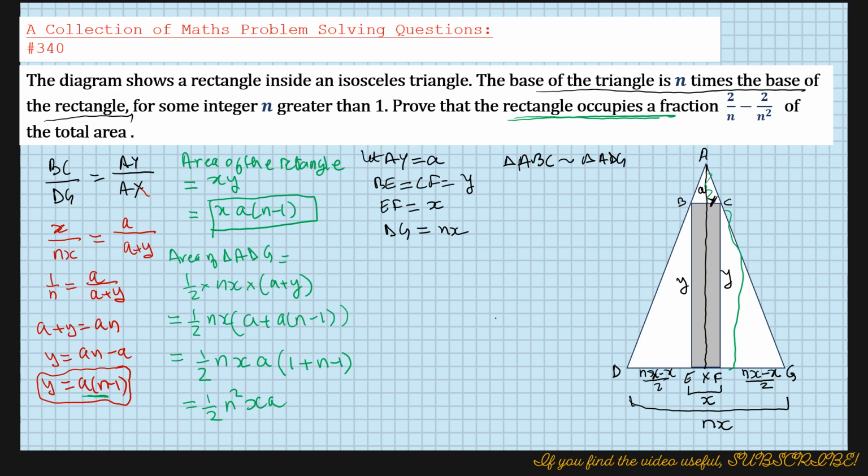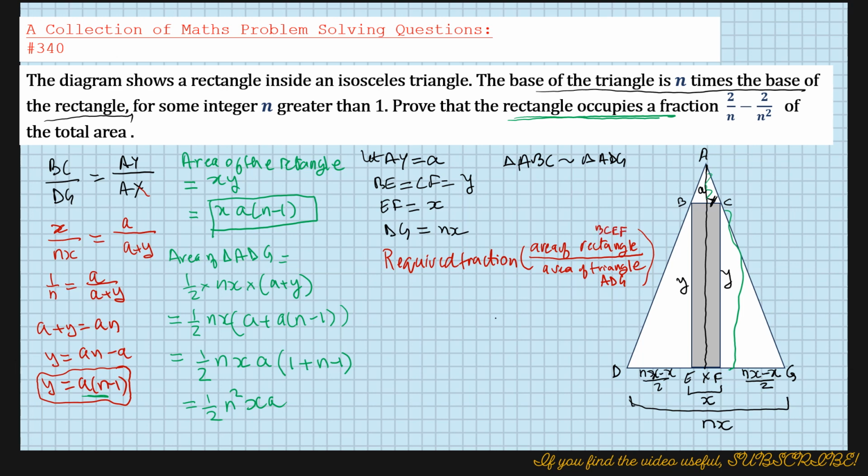So the required fraction is the area of the rectangle divided by the area of the triangle, which is the area of rectangle BCEF divided by the area of triangle ADG.